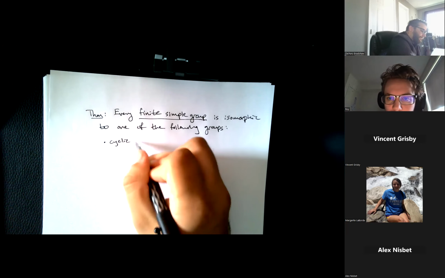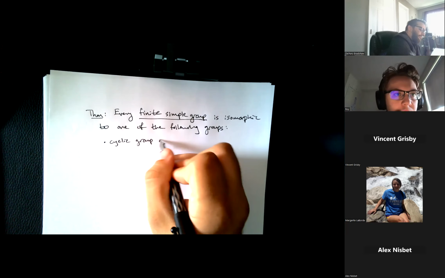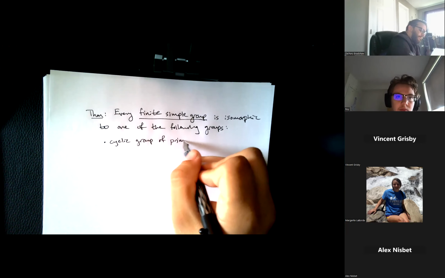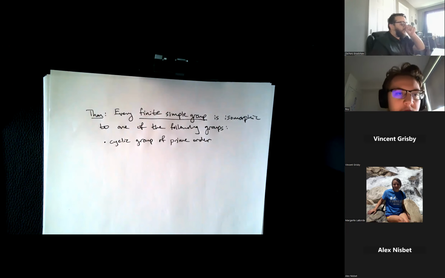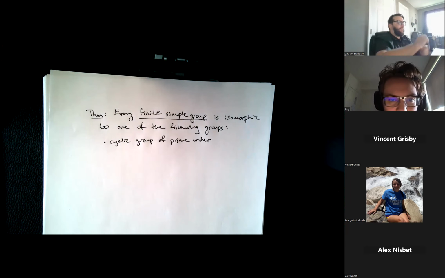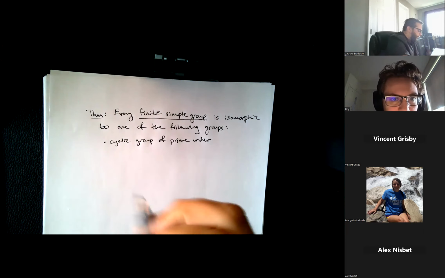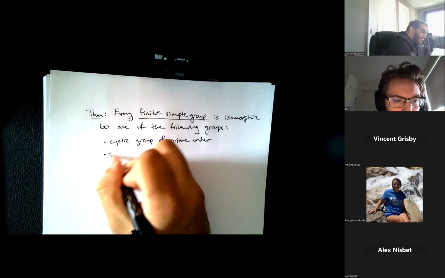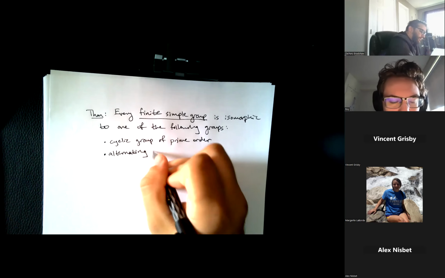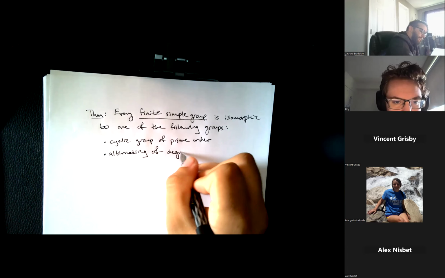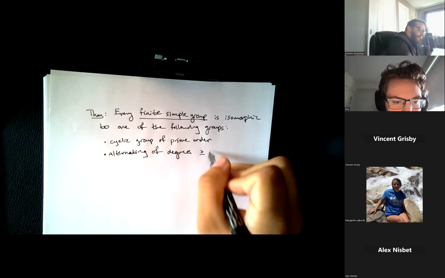There's the cyclic group of prime order. So an example of that is that triangle that I was talking about earlier, like all the rotations, not the flips, that's the dihedral group, just the rotations. There is what's called the alternating group of degree greater than or equal to 5.